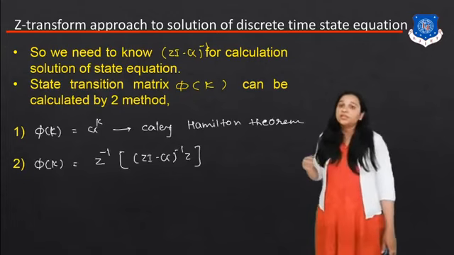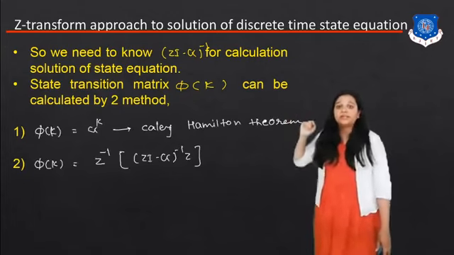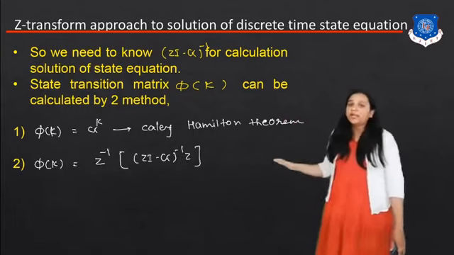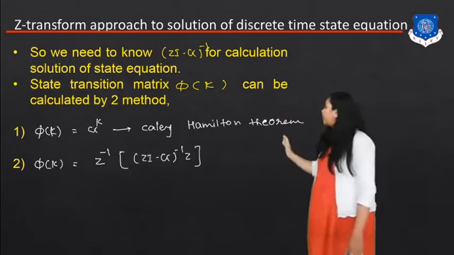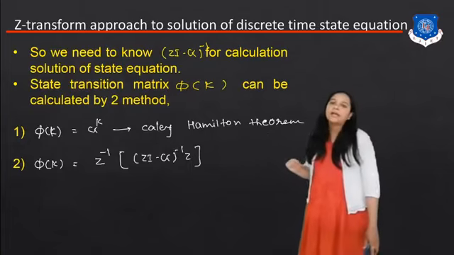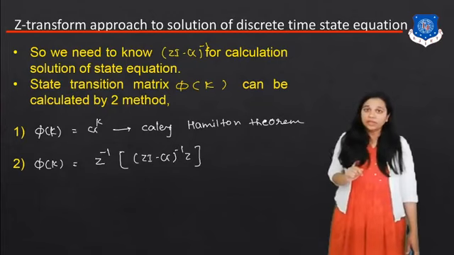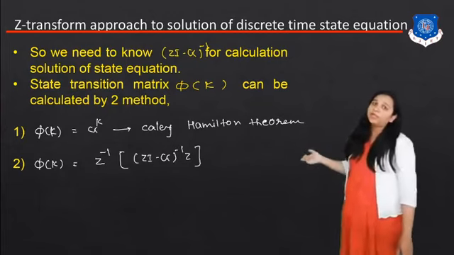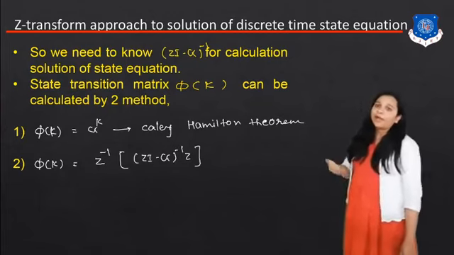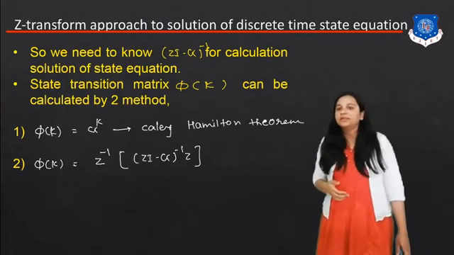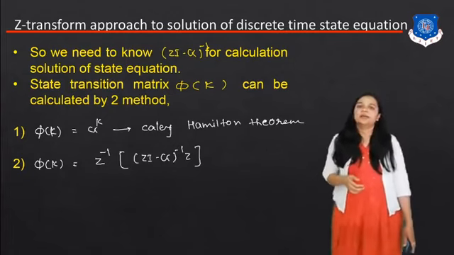The first one is G raised to k, that is the Cayley-Hamilton theorem, and the next formula is phi of k equal to z inverse of (zI minus G) inverse times z. So using any one method, we have to find the value of phi of k, and phi of k is nothing but the state transition matrix.